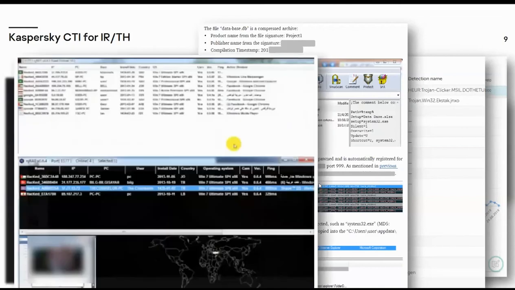In certain cases, of course, we can even provide further details and insights into the operation of the threat actor, what they have specifically been trying to do or achieve, their CNC infrastructure, and so on.